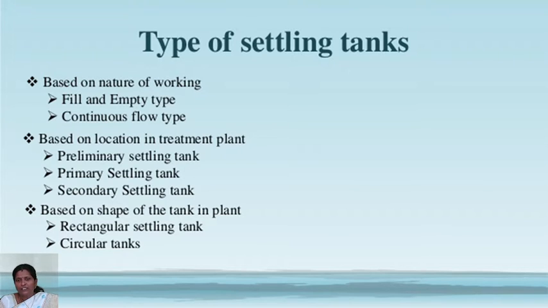In some treatment plants, the preliminary settling tank is provided at the start along with the bar screen. The secondary settling tank is provided after the aeration process. Based on the shape, tanks are classified as rectangular and circular, and most treatment plants prefer circular tanks.